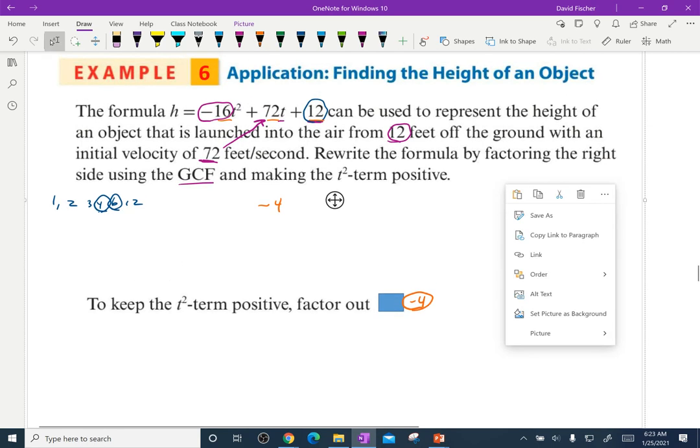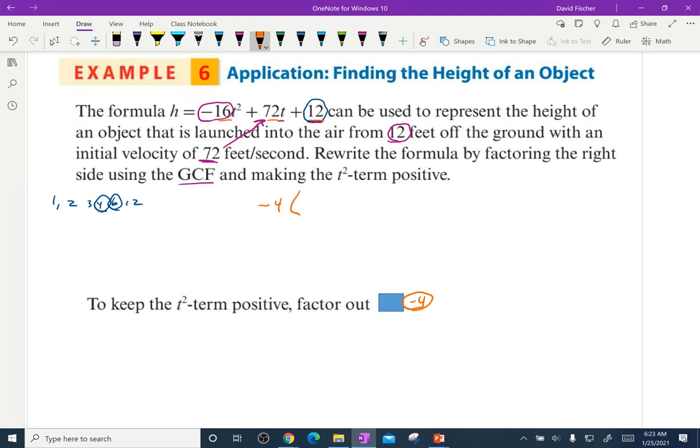Okay. Now let's go with what's left. Can I do any t's? T's are not in all 3 of them, so I can't factor out a t. So the only thing I can factor out is a negative 4. So negative 4 times what would get us back to negative 16 t squared? I need a 4t squared. Okay, now I need to get back to 72.